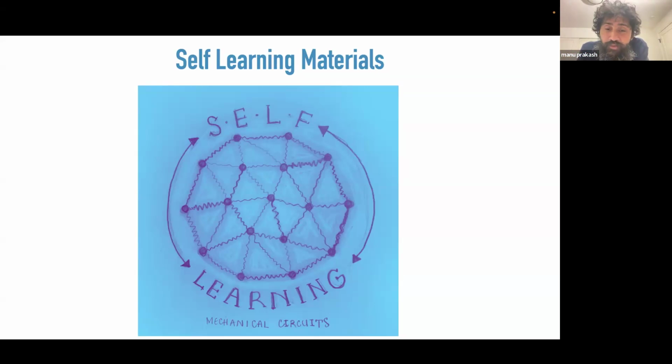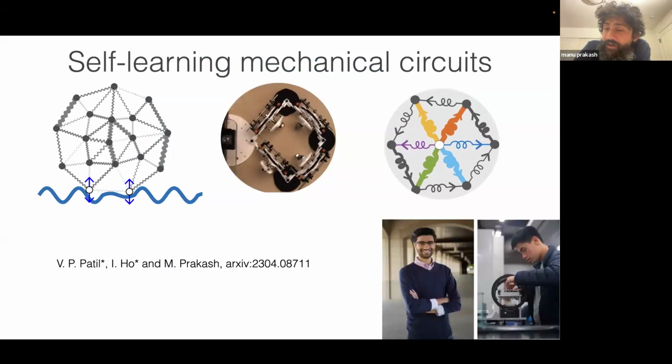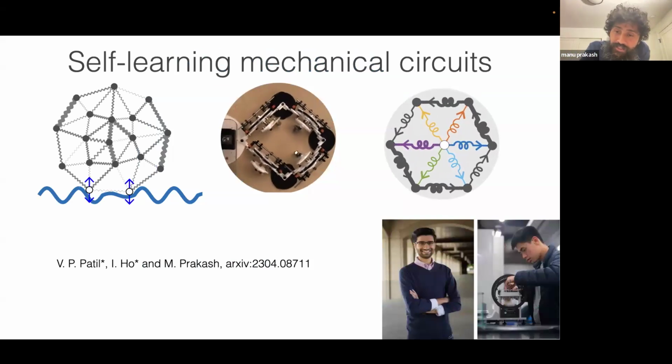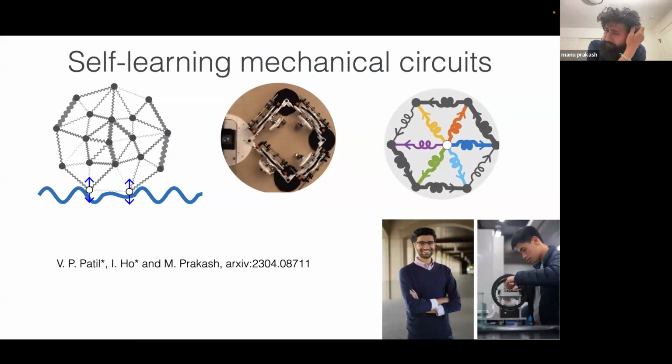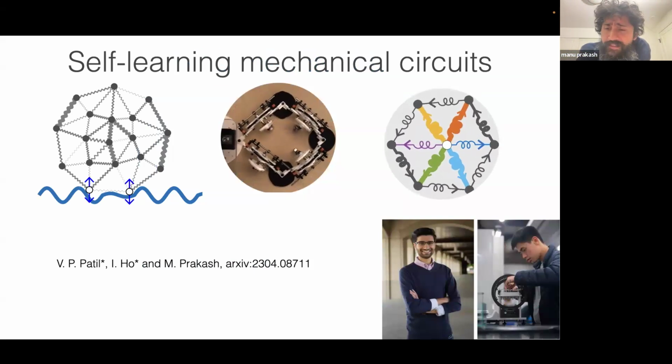So let me walk you through this idea. This is work with a postdoc in the lab, Vishal, and a graduate student, Ian. Vishal did much of the numerical part of this, and Ian did much of the experiments. So what is the big idea?